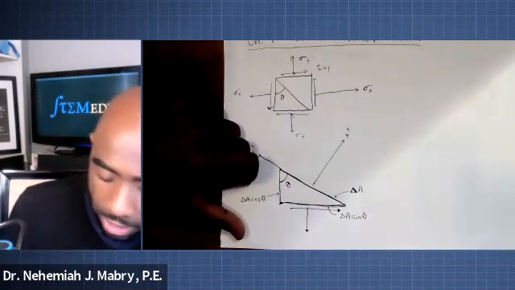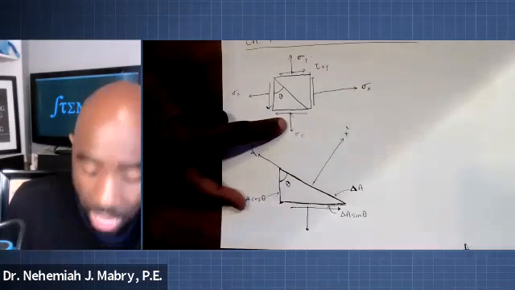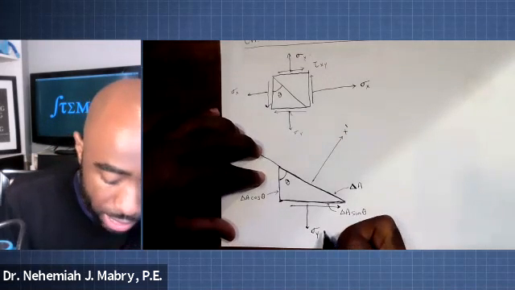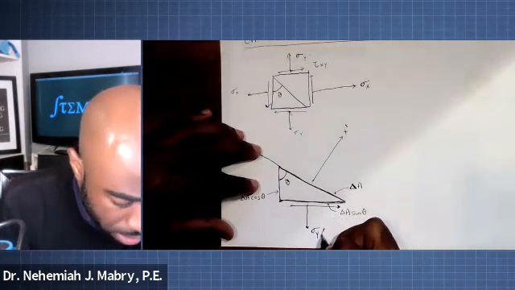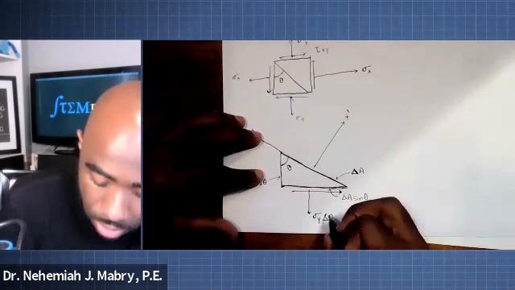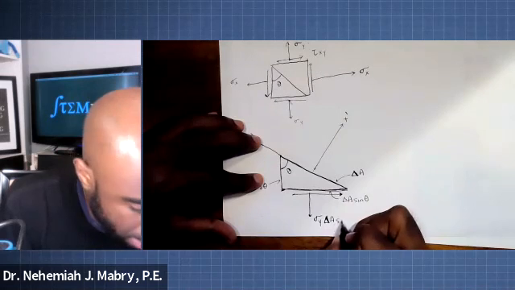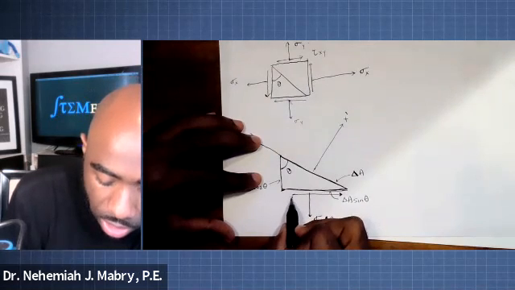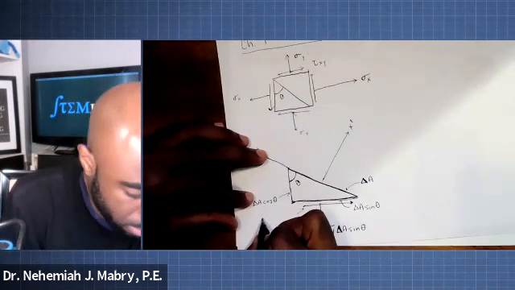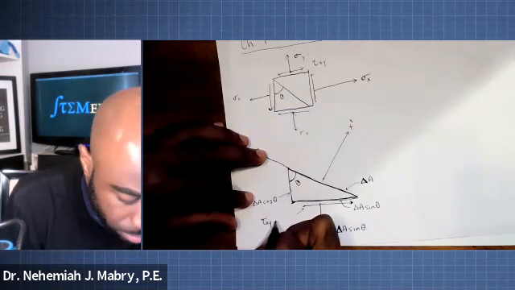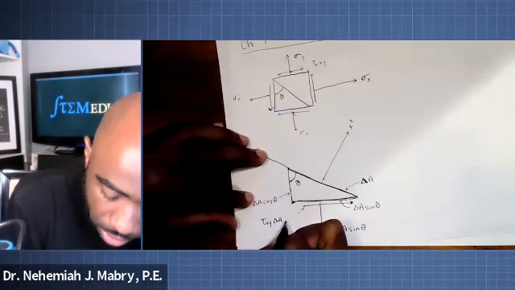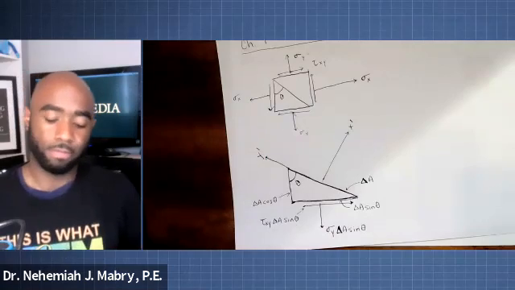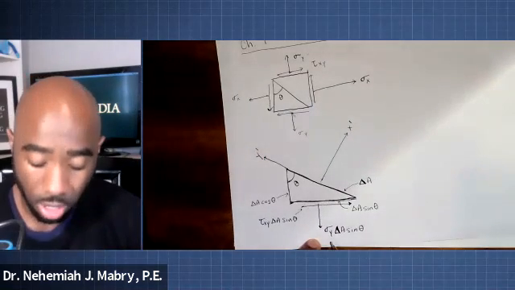We would then rewrite our stresses not purely as sigma sub y, but as sigma sub y times the surface area, delta A sine of theta. And then this shear stress will now be written as tau sub xy delta A sine of theta.